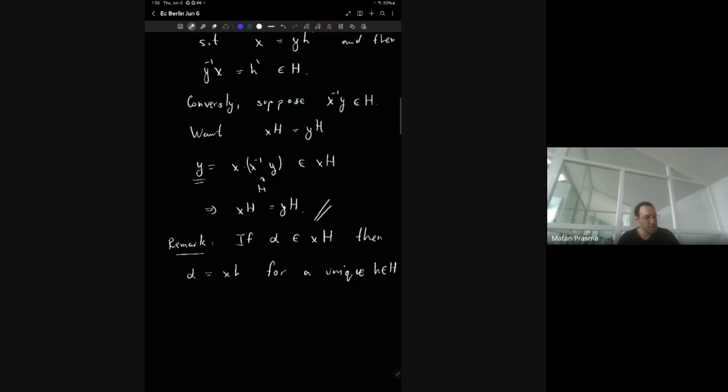For fixed x, if you get an element in the coset, then it is uniquely expressed as x times h. Why?